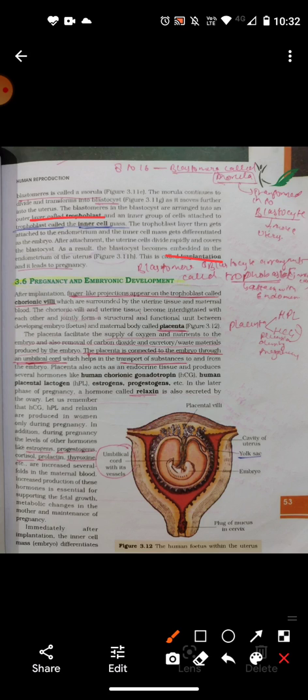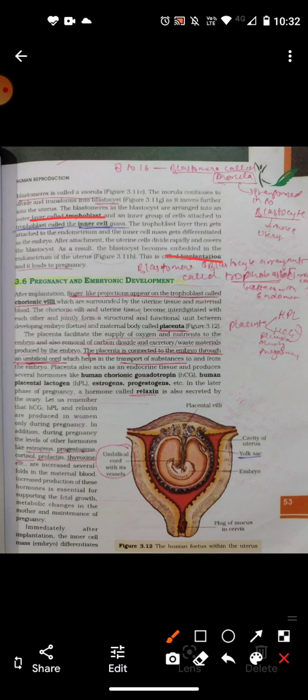In the morula there is no blastocoel central cavity, but in the blastula there is a central cavity called the blastocoel. In the morula, cells do not show movement, but in the blastula, cells show movement. The morula has no stage of implantation, but the blastula is the stage that is implanted in the uterus. This is the basic difference between the morula and the blastula. You have to remember these differences.